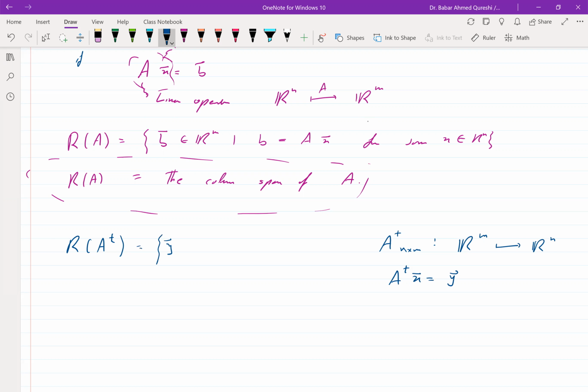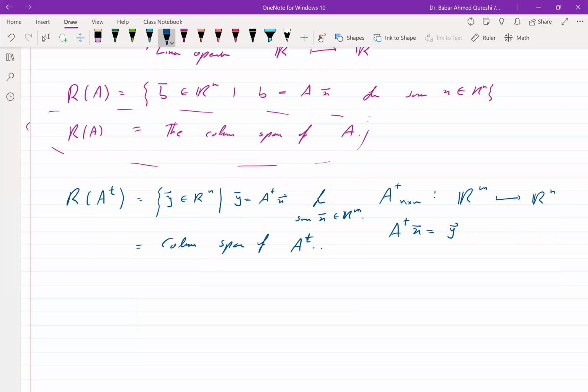So all possible values of y belonging to Rn such that y is A transpose times x for some x belonging to, this time, Rm. And this is the column space of A transpose. Just like this was the column space of A, if I replace A by A transpose, obviously it would be the column space of A transpose.